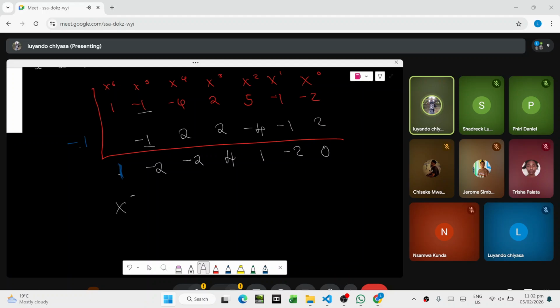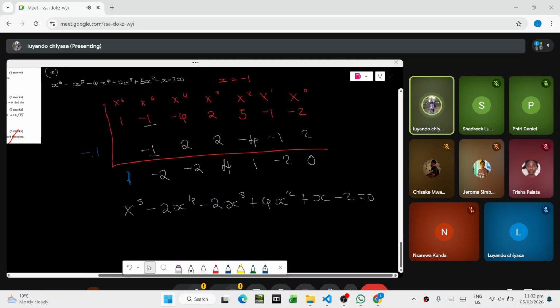And what you remain with is x to the power 5 minus 2x to the power 4 minus 2x to the power 3 plus 4x to the power 2 plus x minus 2 is equal to 0.